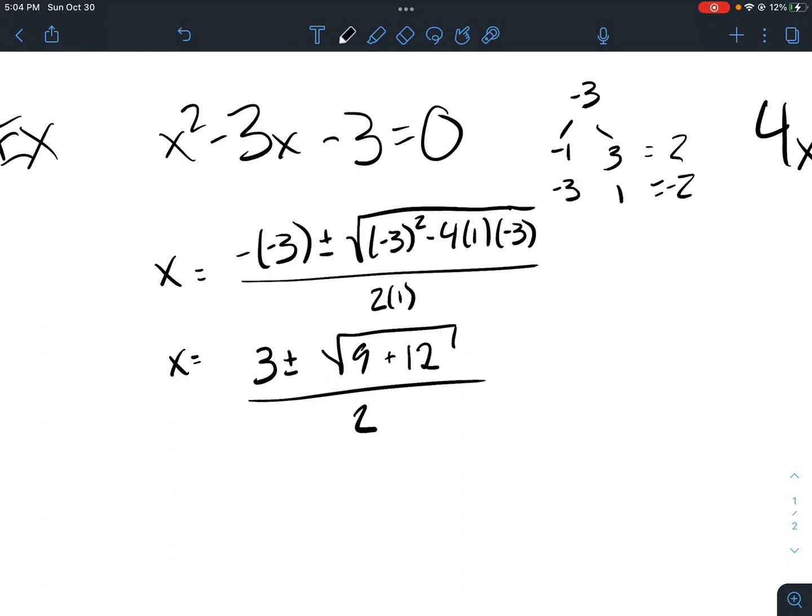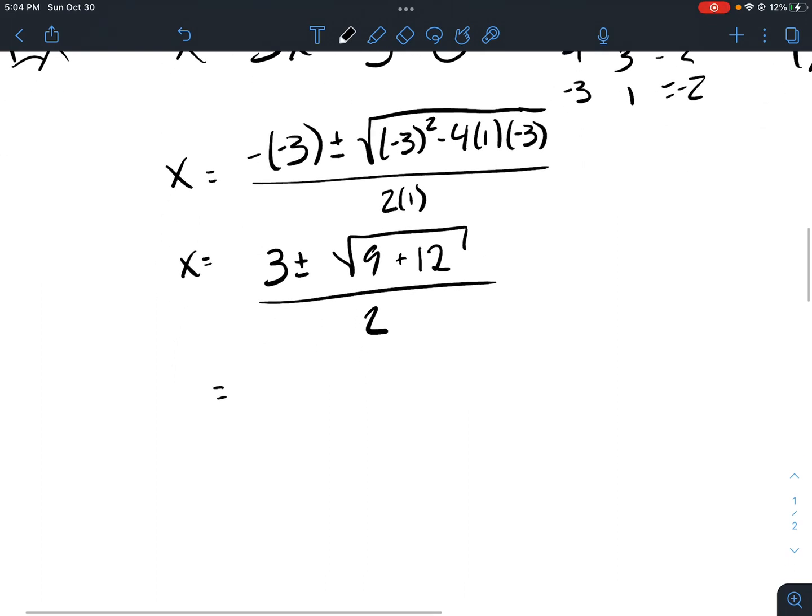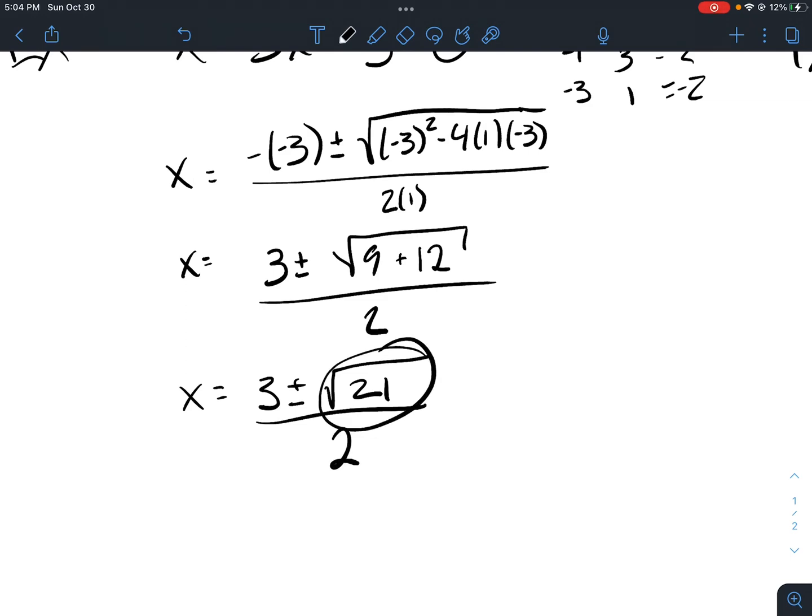Something there doesn't seem right. So 9... nope, I think we're good. So we are going to be left with 3 plus or minus radical 21 over 2. And we can't simplify this radical 21 down at all. We have no perfect square factors that go into 21.